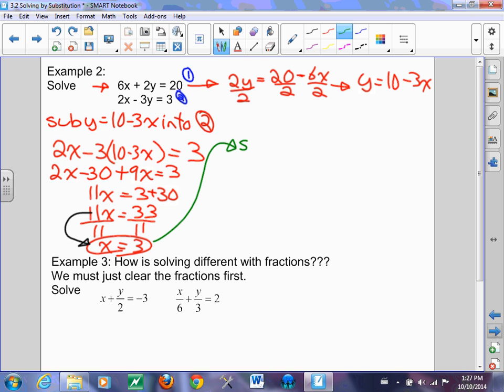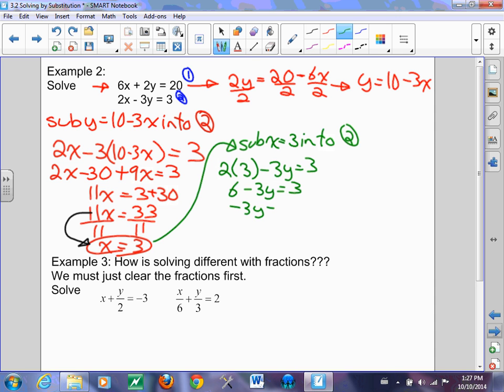So now we go sub x equals 3 into, what's the easiest one in this? For 1 or 2, I'm going to sub it into 2 because it's got lower numbers. So if I see an x, I'm going to put a 3. So I've got 6 minus 3y equals 3. Negative 3y equals 3 minus 6. Negative 3y equals negative 3.